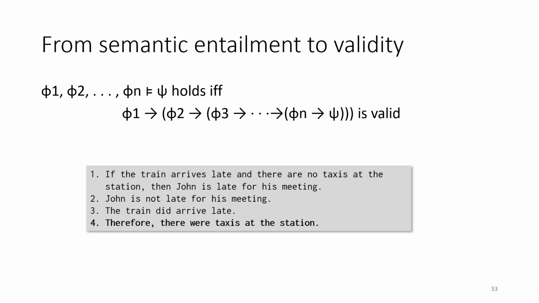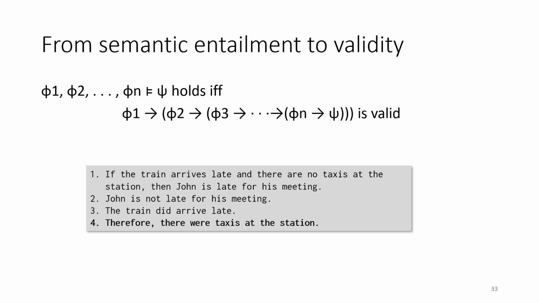So basically, we could formulate this as semantic entailment, 1, 2, 3 entails 4, as this implication here, and then check it for validity. So if we prefer validity checking over semantic entailment checking, then we can do that.